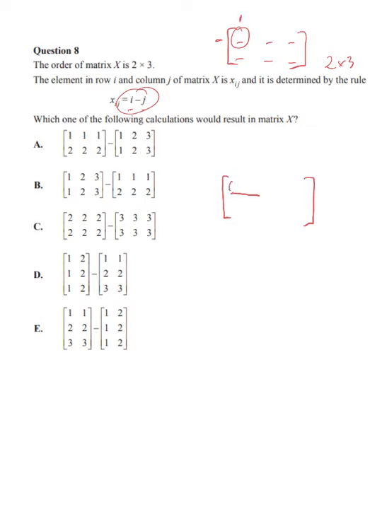So this would be 1 minus 1 for that position. In the next place here, I'm still in row 1, but now I'm in column 2. So these are my columns, these are my rows. So here I'm row 1 minus 2. And this third position on the same row, I'm in row 1 minus 3, and so on and so forth.